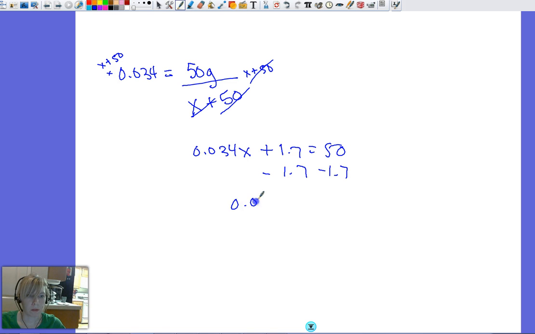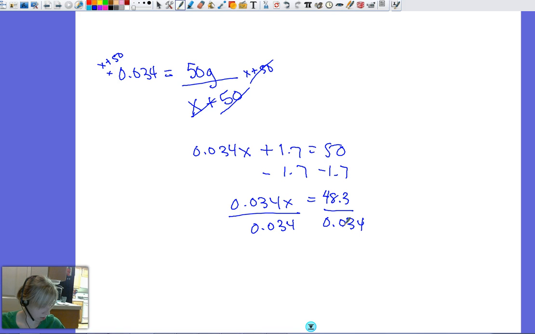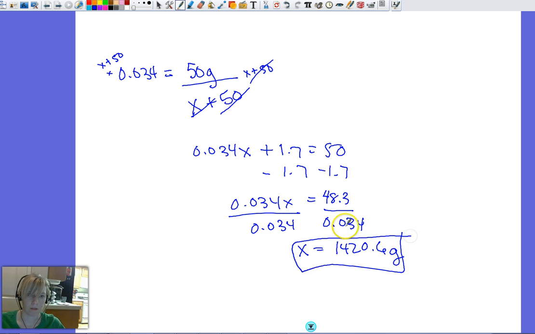That gives me 0.034x equals 48.3. Divide. Let's see, 48.3 divided by 0.034. That gives me an x of 1,420.6 grams. So this is how much water I would need to dissolve 50 grams.